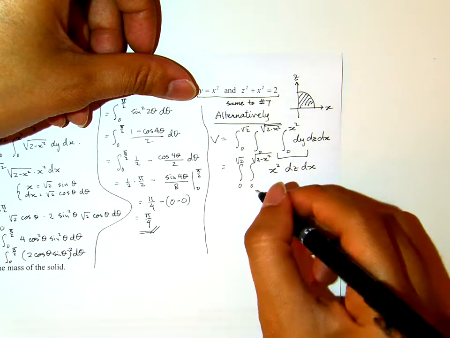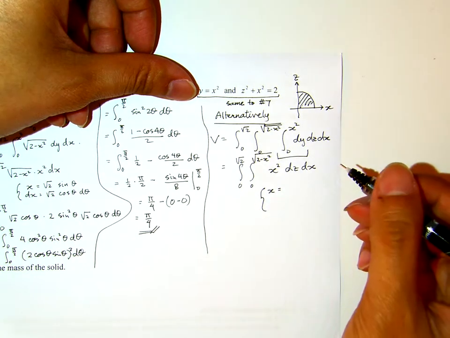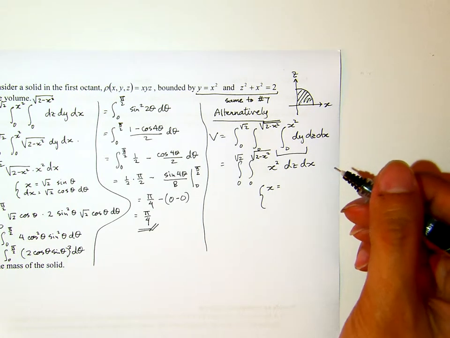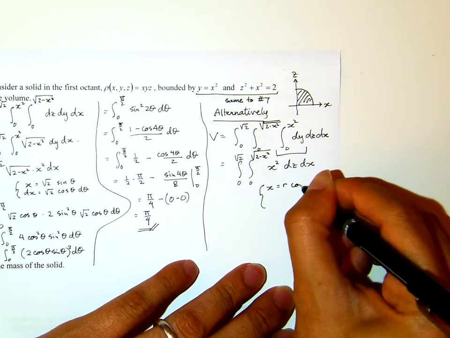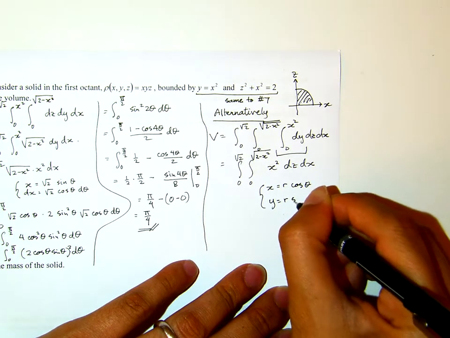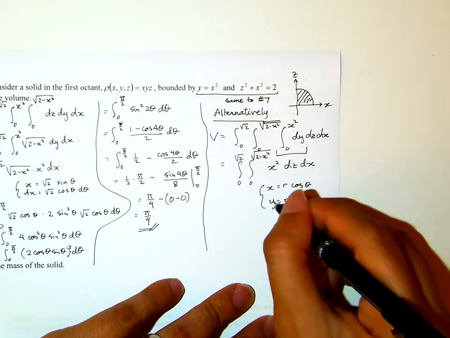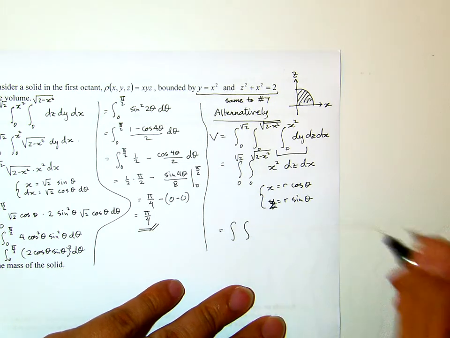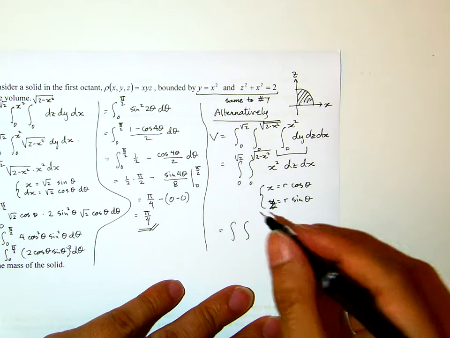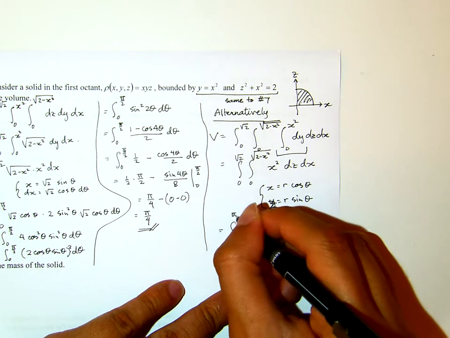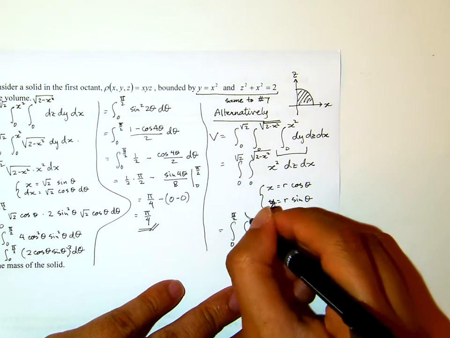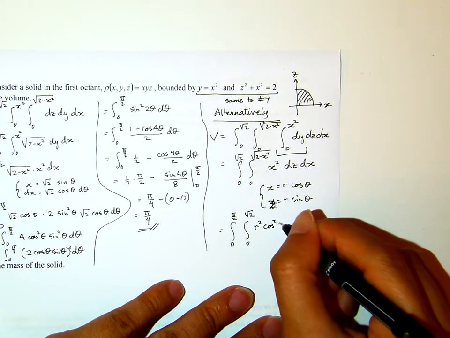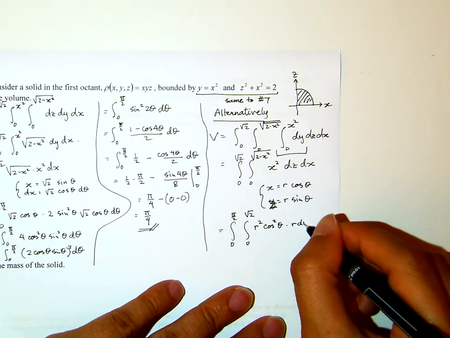But if I change it to polar, let's say x equals r cosine theta, and z equals r sine theta, then you will see that theta will be from 0 to pi over 2, and the radius will be from 0 to radical 2, and x squared becomes r squared cosine squared theta times r dr d theta.